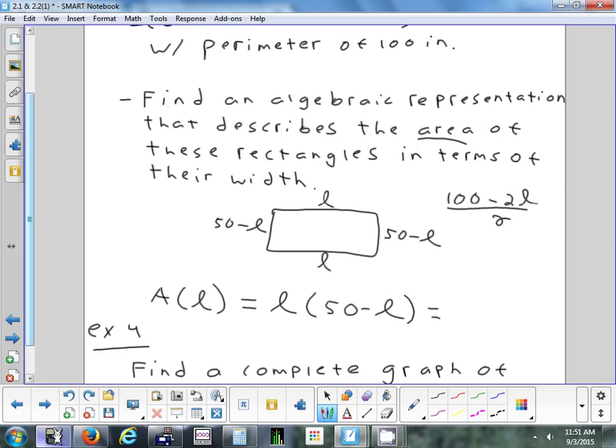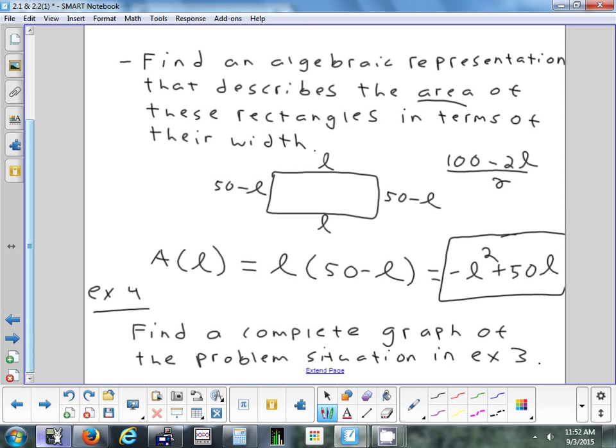What degree polynomial? Yeah, second. It's a second degree, or a quadratic. It would be negative L squared plus 50L. Okay, so either answer is fine. And the last step, find a complete graph of that equation.